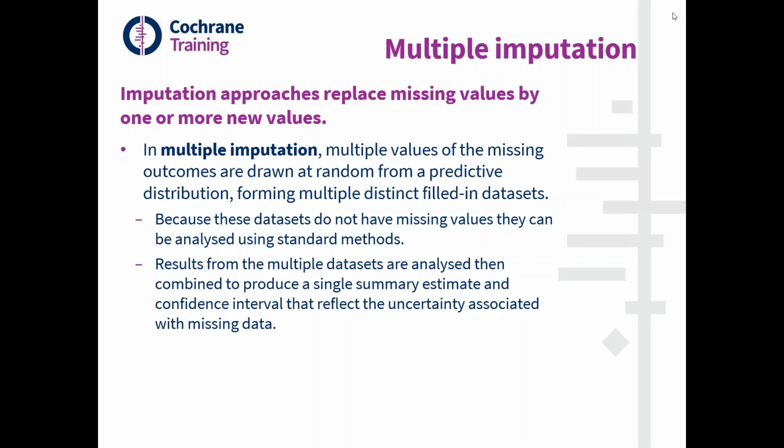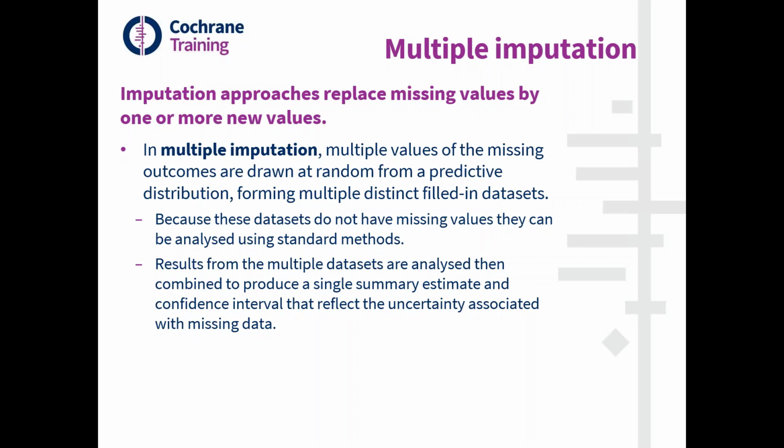So we predict the outcome, for example, based on things that we measured at baseline, and on the basis of predicting the outcome, we form multiple distinct filled-in data sets. Because these data sets do not have missing values, we filled them all in based on these predictive distributions, they can be analyzed using standard methods.